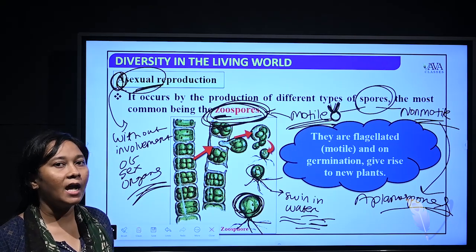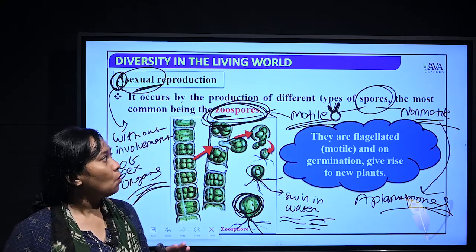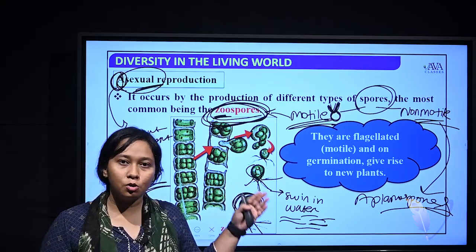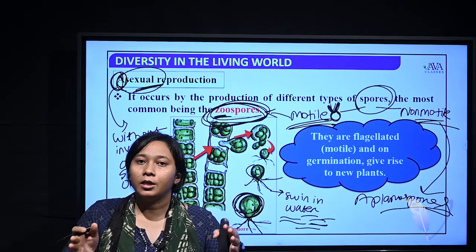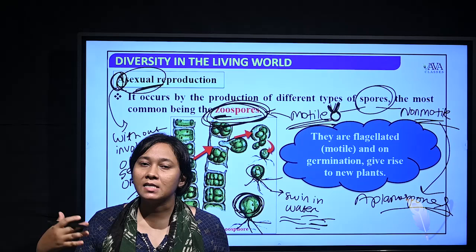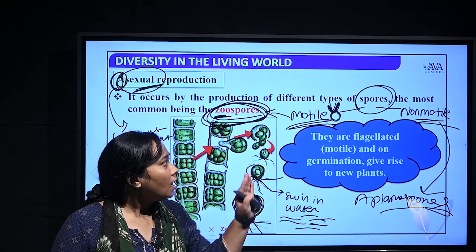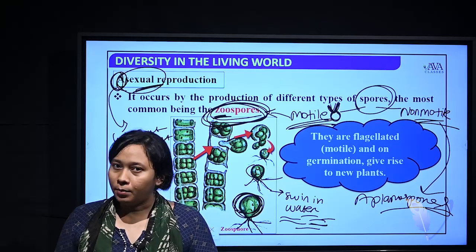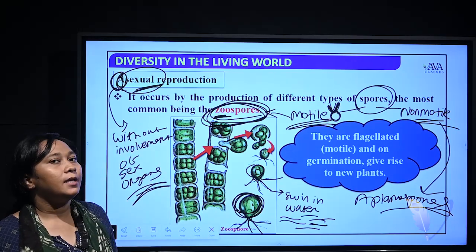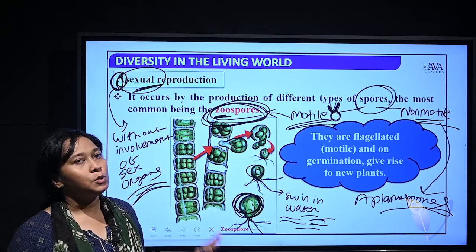Clear? Generally the asexual process is carried out by two types of spores. One spore is your zoospore. Zoospore means motile spore. So those spores can be motile as well as non-motile. Motile means zoospores and non-motile means aplanospores.